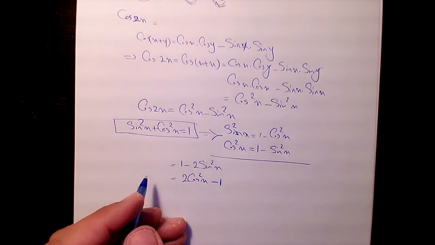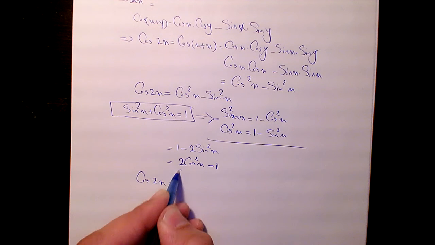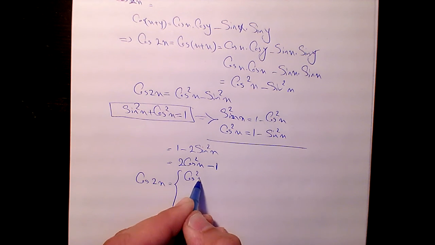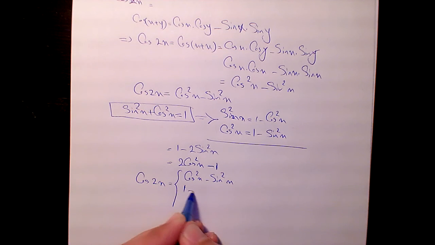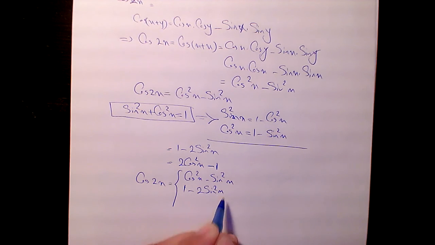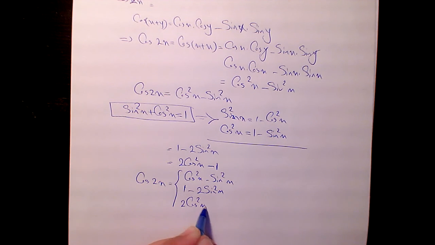So as you see here, we have three answers for cosine 2x. One of them is cosine squared x minus sine squared x. One of them is 1 minus 2 sine squared x. And the other one is going to be 2 cosine squared x minus 1.